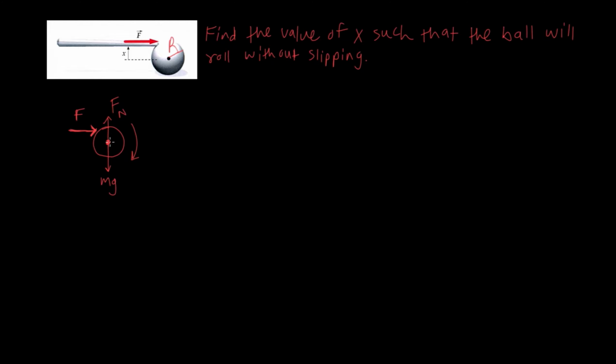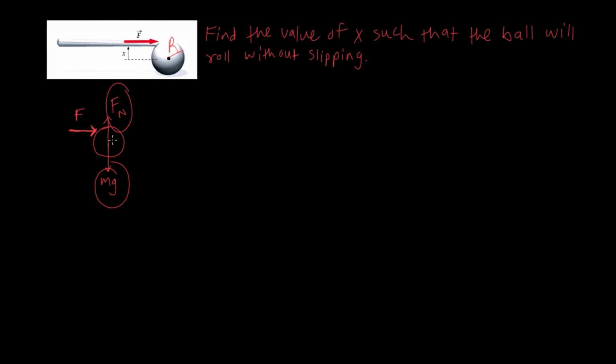And here the red dot is the center of mass of the ball, or the axis of rotation of the ball, since that red dot is where the ball is rotating. So the ball is going to rotate due to this force of the stick, since it's a distance away from the axis of rotation of the ball.